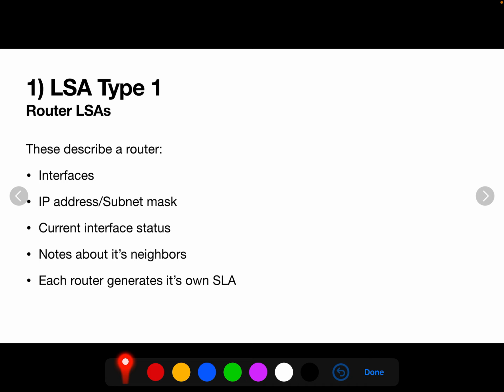So these describe a router. If you go back to the Charlotte and Samantha story, you could think of this as a piece of paper that Charlotte can read about Samantha.